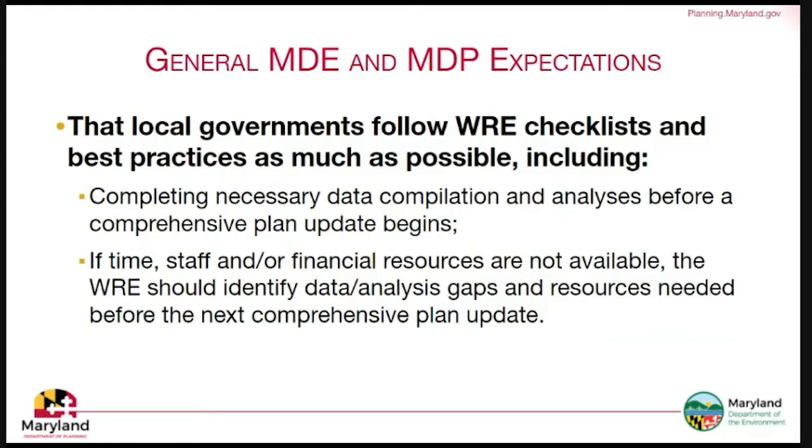And if time or staff or financial resources are not available, then at least the water resource element can identify gaps in information, gaps in terms of necessary studies or analyses that need to happen, and resources that ideally can be addressed and filled before the next overarching comprehensive plan update.